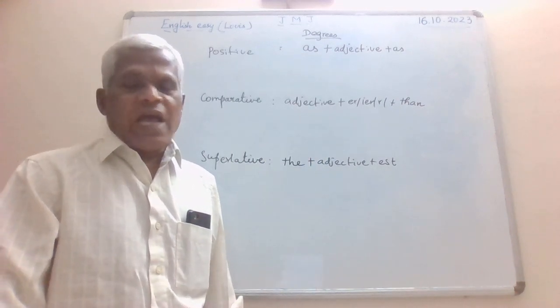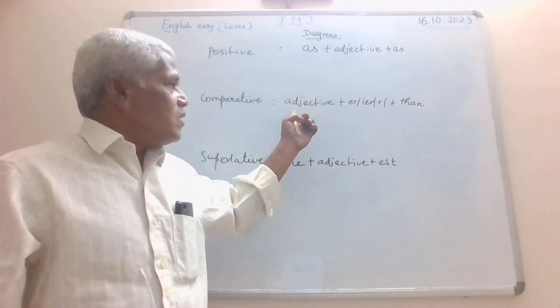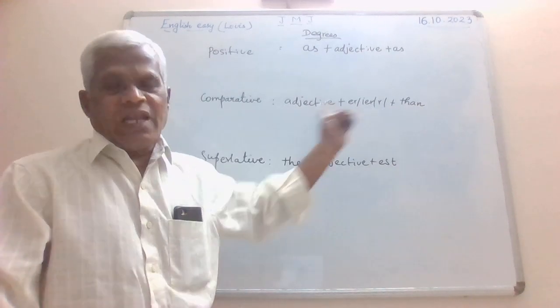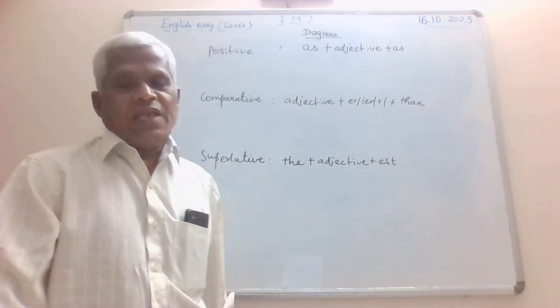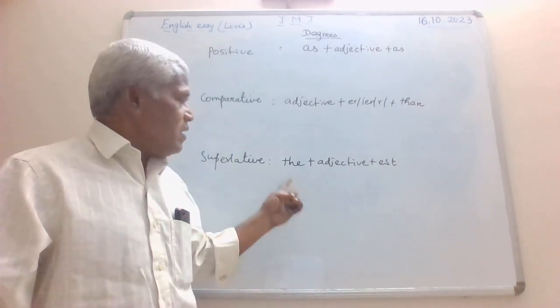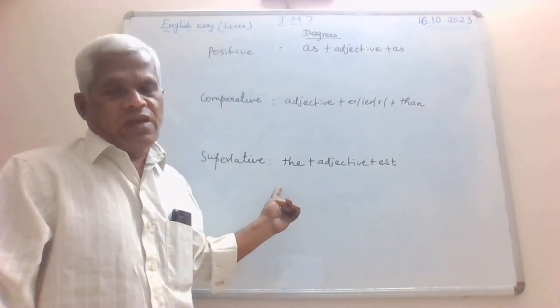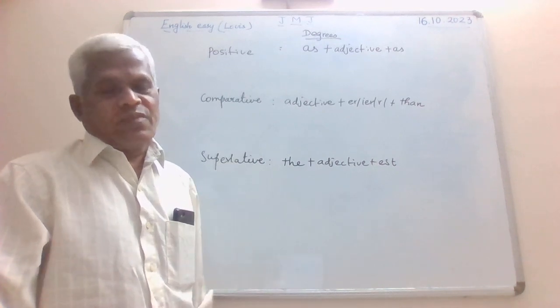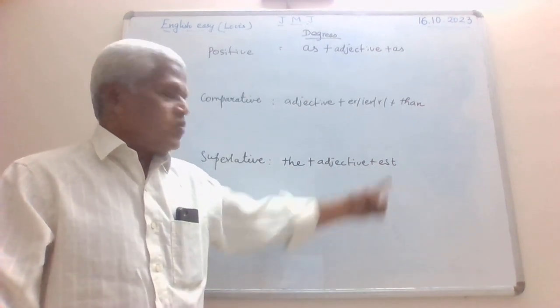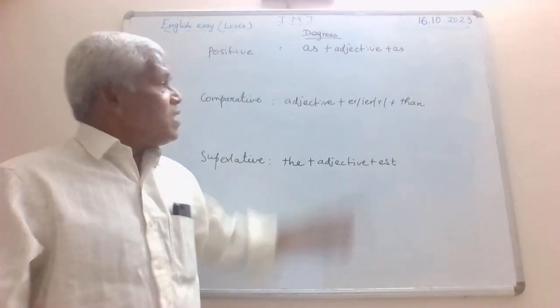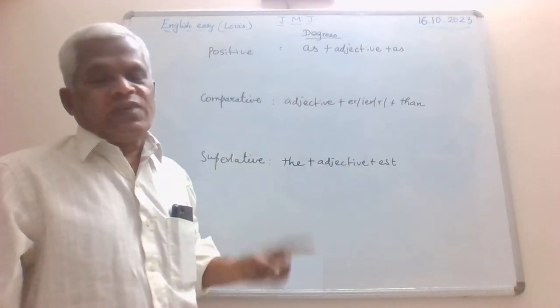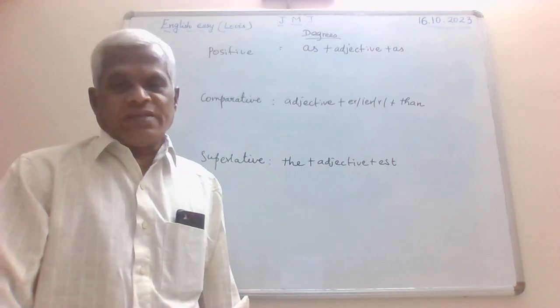For example, handsome. You don't say adjective plus er. We have to say more handsome than. Similarly, here of course most handsome, and you don't add est here. So this is the format with which we have to mention the degrees.